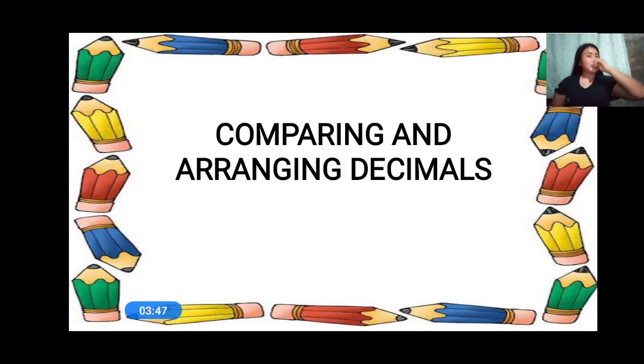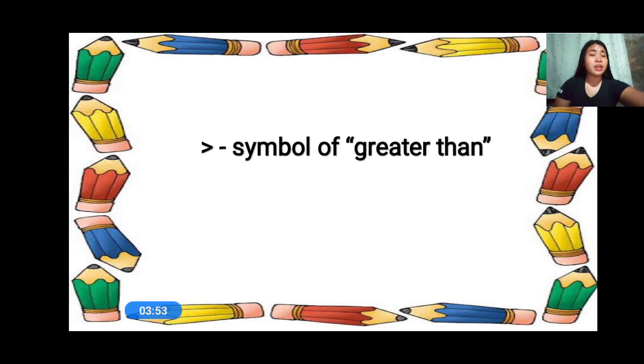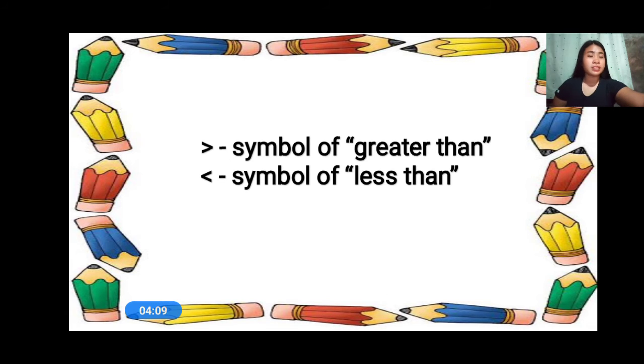Okay? So, let's start. Okay, so in comparing decimals, we have the symbol greater than. So what is the symbol of greater than? Like this. Okay? That is greater than. Okay, altogether, what is the symbol of greater than, everyone? Like this. Okay? The next symbol is the less than.